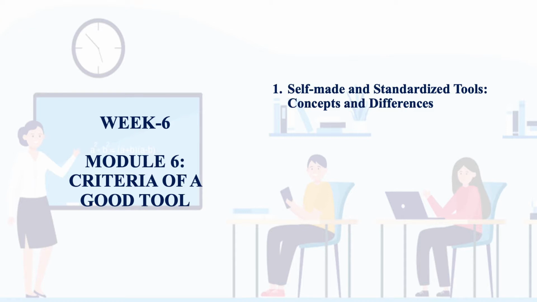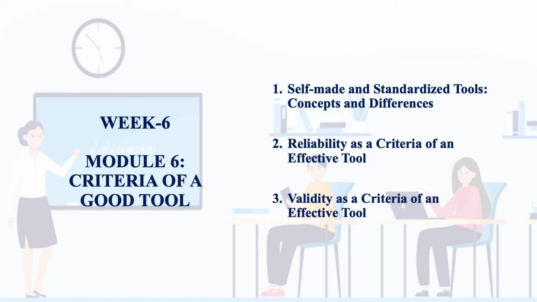First is self-made and standardized tools, their concept and differences. Second is reliability as a criterion of an effective tool, and the third is validity as a criterion of an effective tool. And today in this lesson we will discuss the concept of a self-made tool, the concept of a standardized tool, and the difference between self-made and standardized tools.